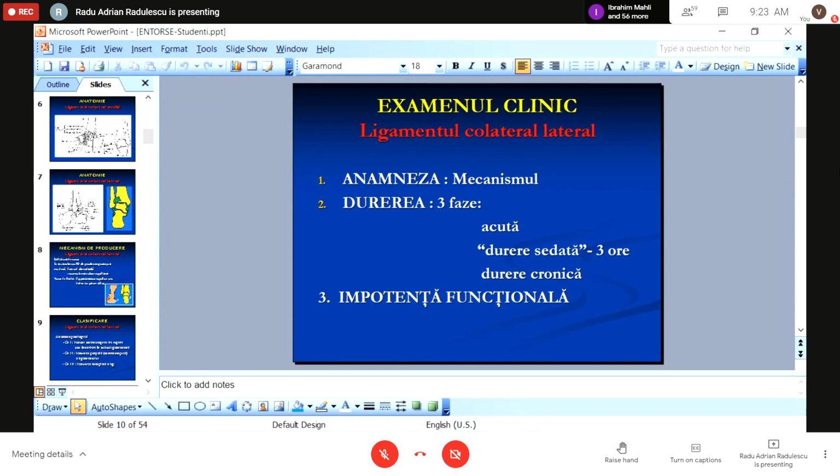Well, these chemical mediators will be consumed at a higher rate than produced. I mean, the synthesis of these mediators doesn't keep pace with the consumption.